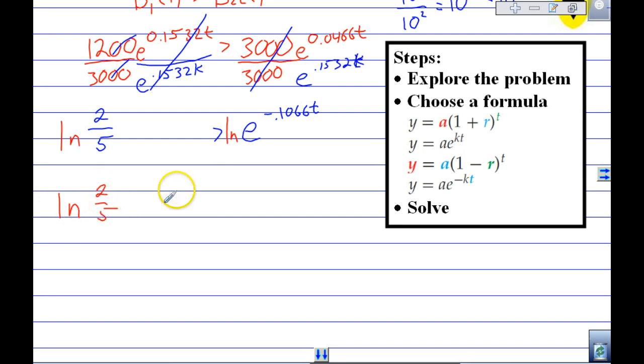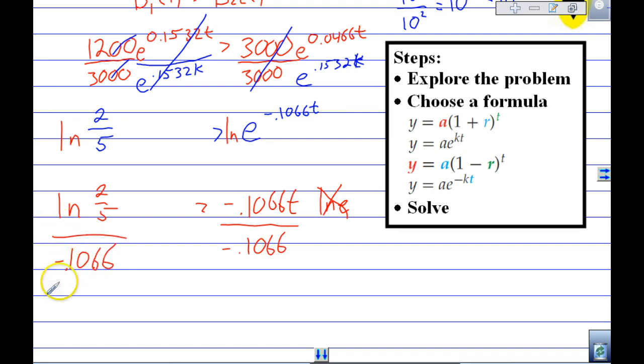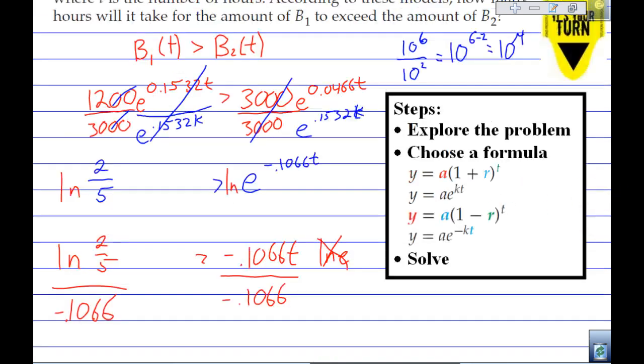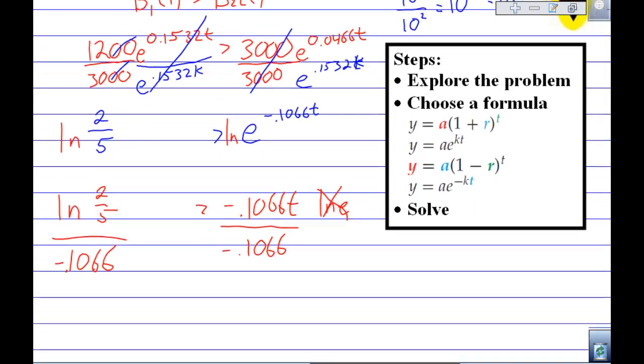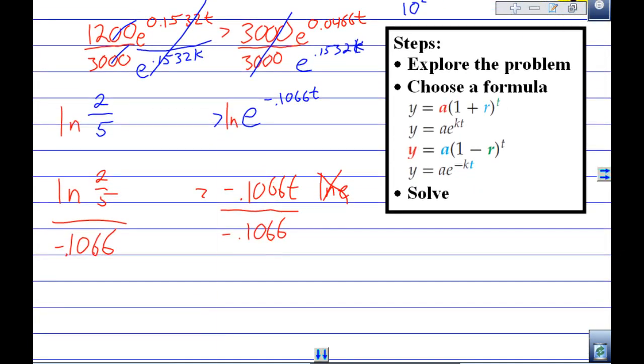So 2/5 must be greater than, and that comes down to the front, and the natural log of e, which will actually equal 1, and divide both sides by this negative 0.1066. So here we go. Let's put that in and see what we get.